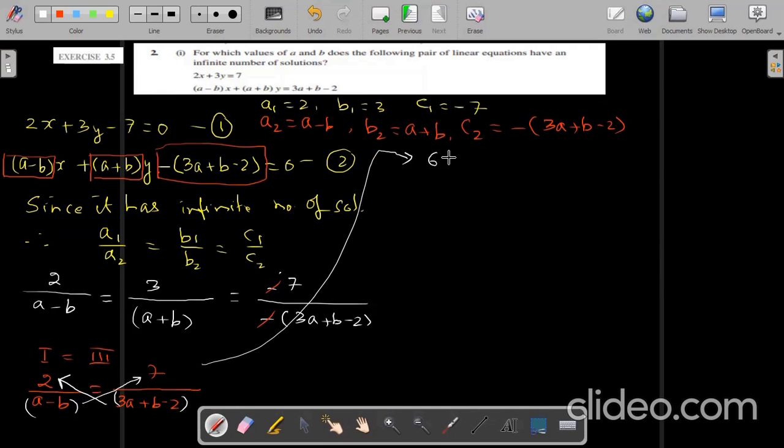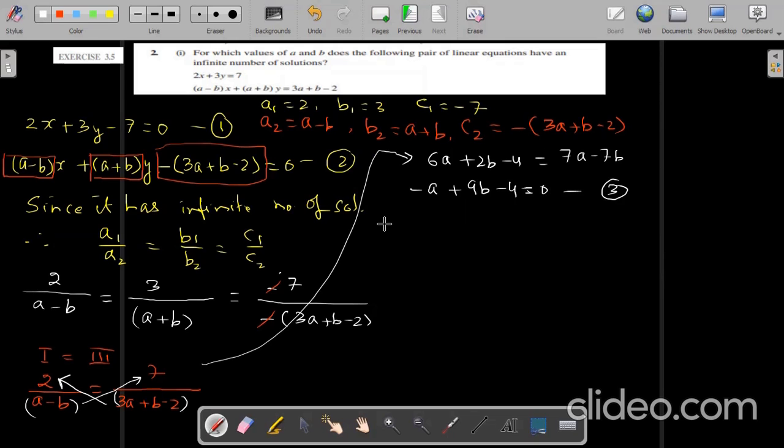So 6a plus 2b minus 4, and 7a minus 7b. Bringing to the left-hand side, 7a minus 6a is a, and 7b plus 2b is 9b, minus 4 is equal to 0. You get the equation in a and b. So this is our equation number 3.